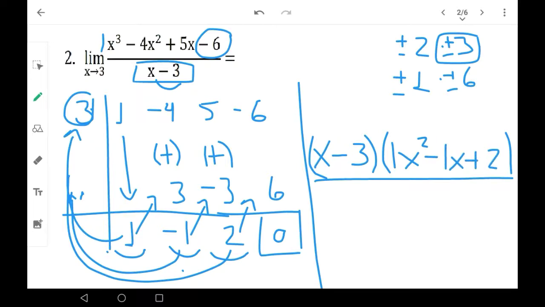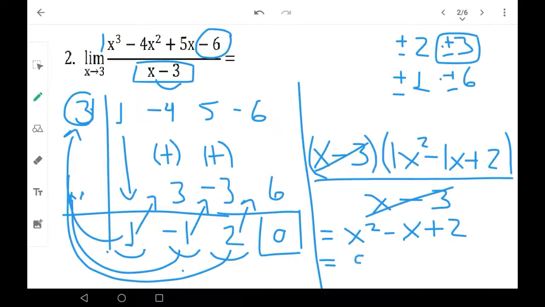Remember that the 1, we don't need to write the 1. I'm doing this just for you to understand that the 1 and the -1 are going here, right? This step. So then I have x minus 3 at the bottom, so I can simplify this too. Now I can copy what I have at the end, which is x squared minus x plus 2, and finally I have to do the substitution.